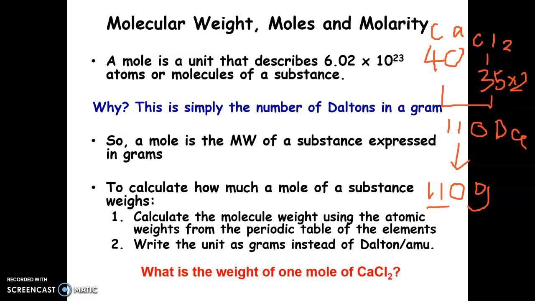Okay, remember this is telling you not 1 molecule. So here's the difference. This here, molecular weight, is telling you how much 1 molecule of calcium chloride weighs. And this 110 grams tells you 1 mole, which is 6 times 10 to the 23rd molecules of calcium chloride, will weigh that much.